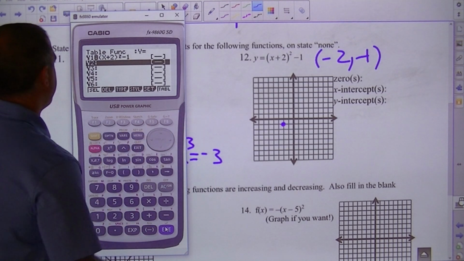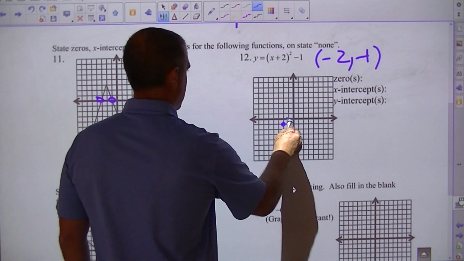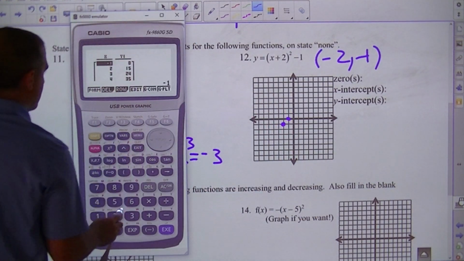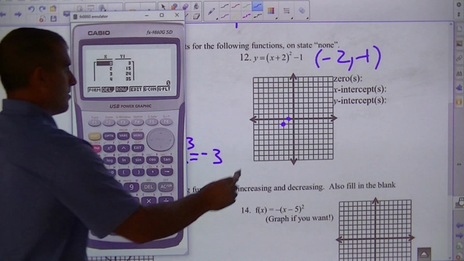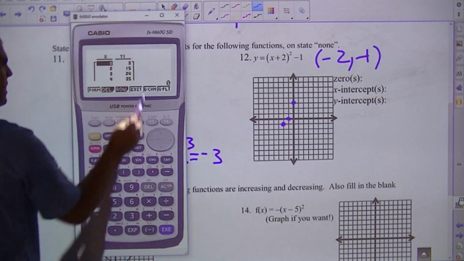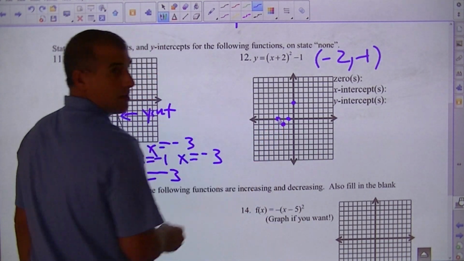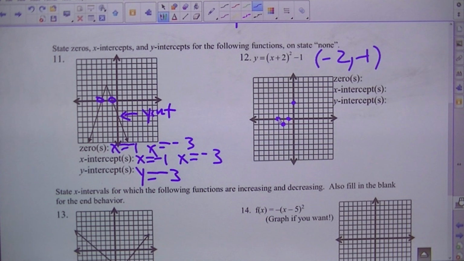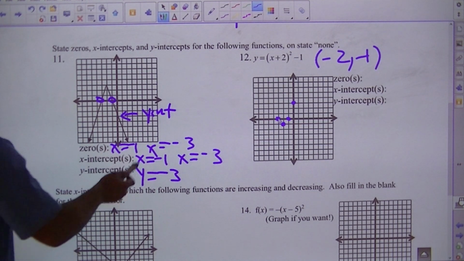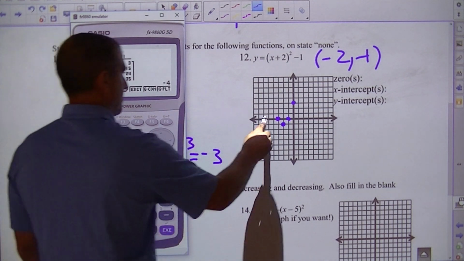So I want to graph -1, which is 0, and 0, which is 3, and -3, which is 0, and -4, which is up at 3.